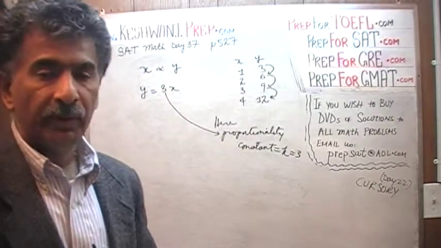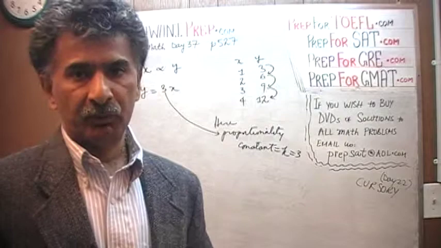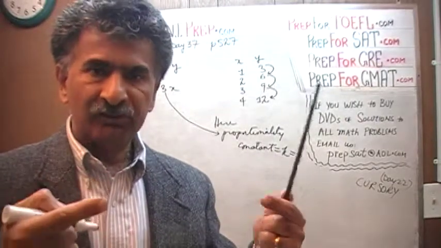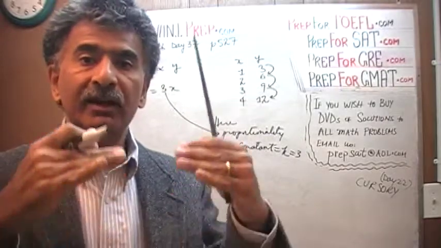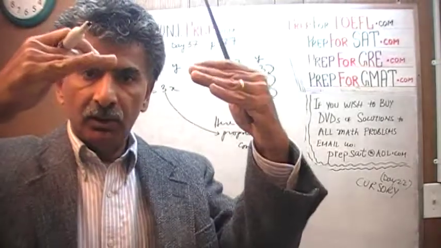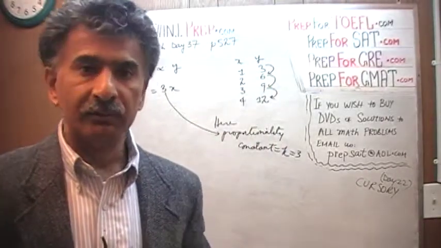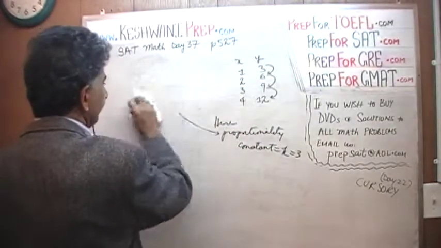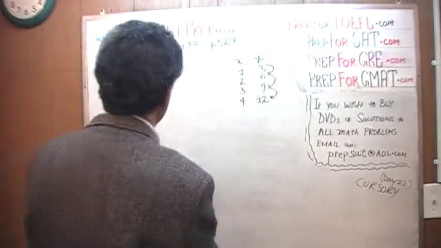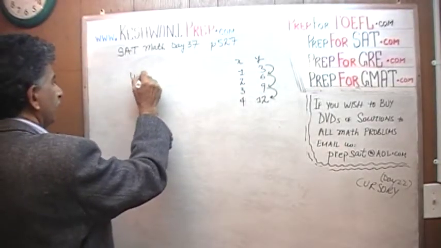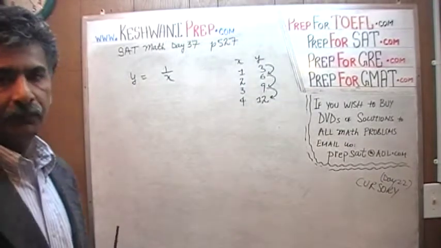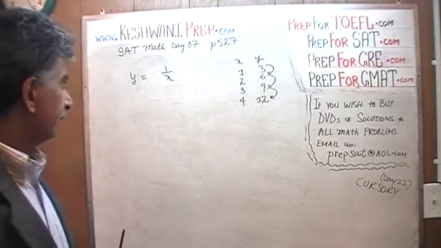Now this is a scenario where x and y are directly proportional, which means when x goes up, y goes up. When x goes down, y goes down. They move in the same direction. They both either go up together or they both go down together. If you have a situation where y equals 1 over x, what's going to happen here?